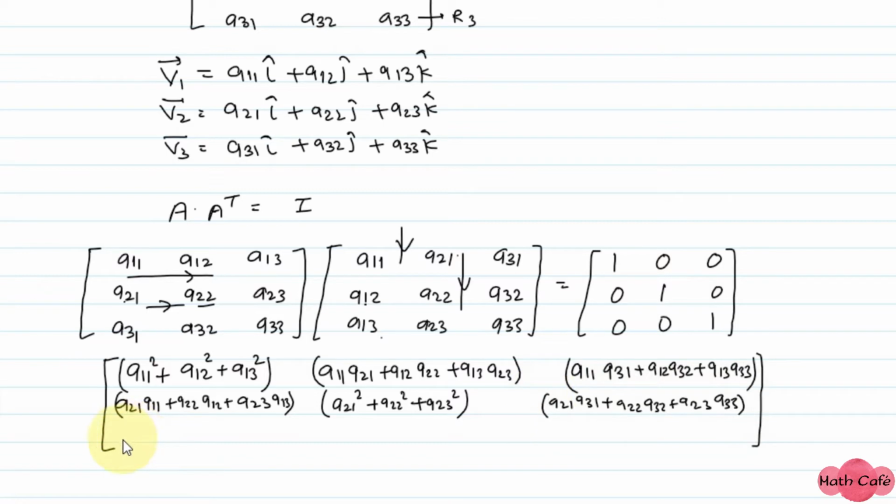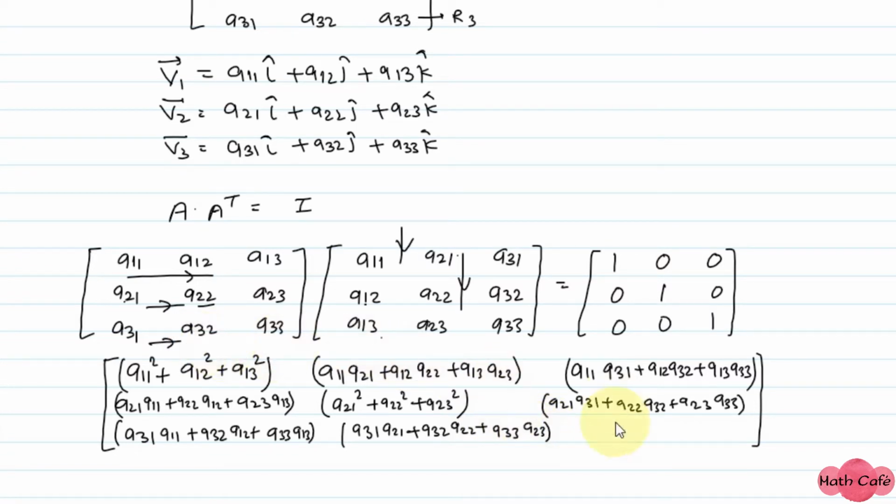All right, let's move to the third row. The third row will be multiplied by the first column, so we get A31 multiplied by A11 plus A32 multiplied by A12 plus A33 multiplied by A13. This is the first element of the third row. For the second element we get A31 multiplied by A21 plus A32 multiplied by A22 plus A33 multiplied by A23.